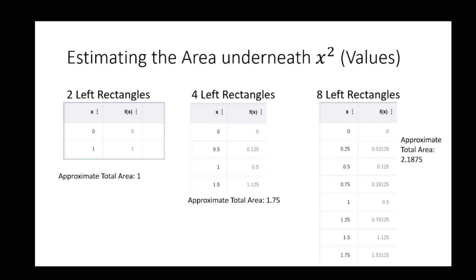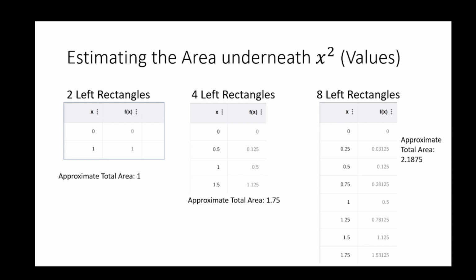The reason is that we go from 0 to 2, so the first one is 2 over 2, which is 1, the second is 2 over 4, which is a half, the third is 2 over 8, and the fourth is 2 over 16.